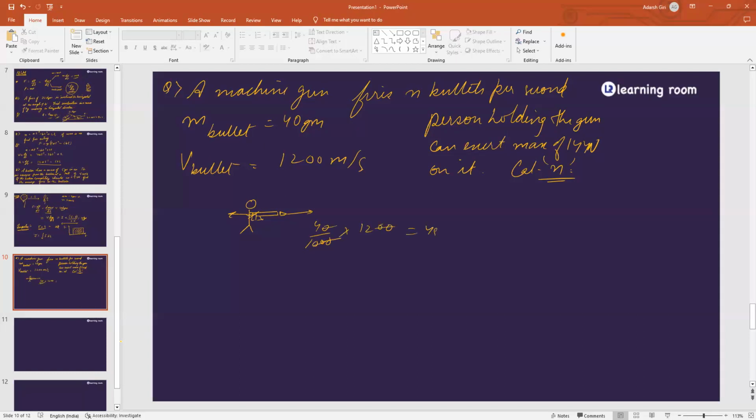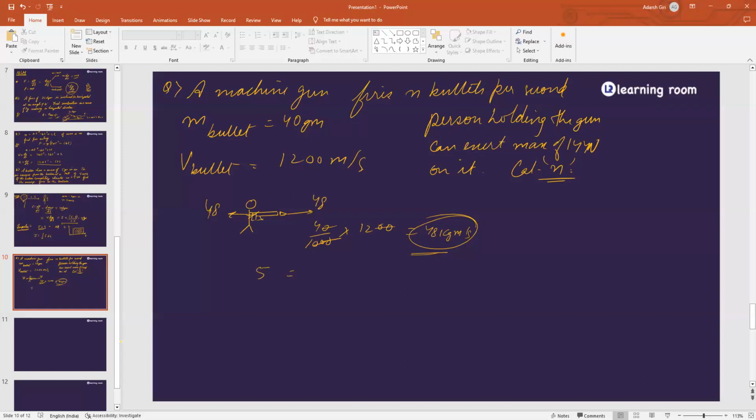So the same momentum it has to generate. This momentum was generated in the forward direction, and the same momentum has to be generated in the backward direction in order to balance the momentum. Why? Because initially all were at rest and momentum was 0. So 48 kg meter per second should also be there on the back side. Now if we have the mass of the gun, let us say 5 kg, then 5 kg into velocity is 48.